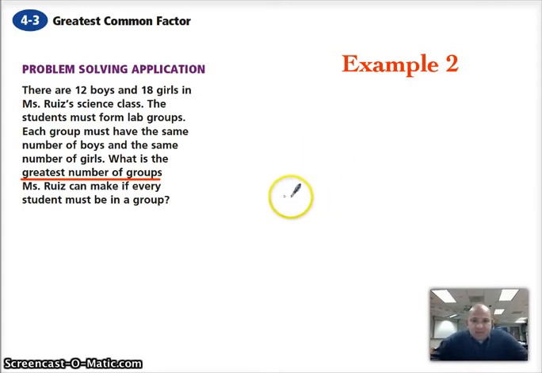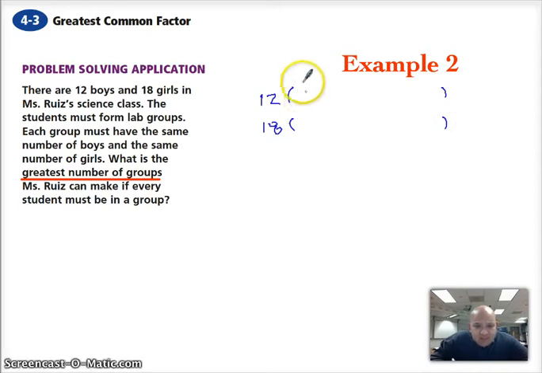Let's think of this in terms of greatest common factor now. The greatest number of groups. Well, let's take 12 and 18 and figure out what the greatest common factor is. And it'll actually lead us to the answer. We have 1 and 12, 2 and 6, and 3 and 4.